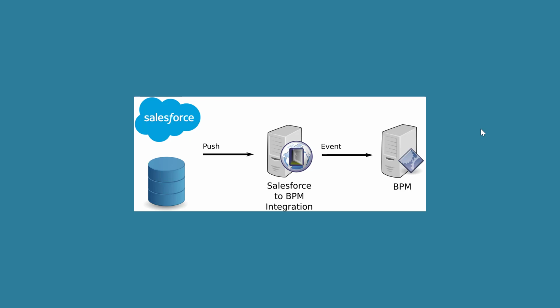One is known as polling, where BPM polls Salesforce looking for changes, and if a change is detected, an event handler is invoked. And the other is Salesforce Push, where, once again, when data changes in Salesforce, Salesforce becomes cognizant of that, and we have configured Salesforce to push those changes down to BPM for execution and notification.